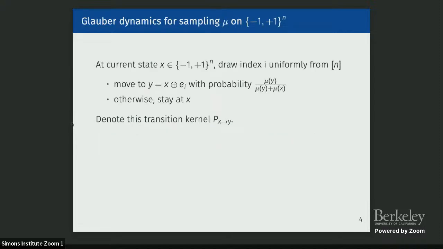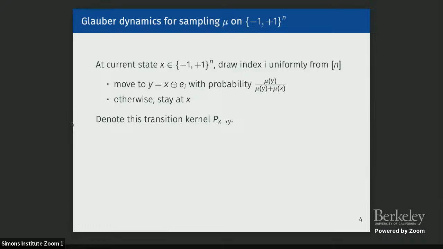One of the Markov chains that works very well on the Boolean cube is the Glauber dynamics. I think this has been explained, for example, in the bootcamp in Kuikui Liu's talk about log-concave polynomials and spectral independence, so I'm just going to quickly go through this. Glauber dynamics is an iterative algorithm.